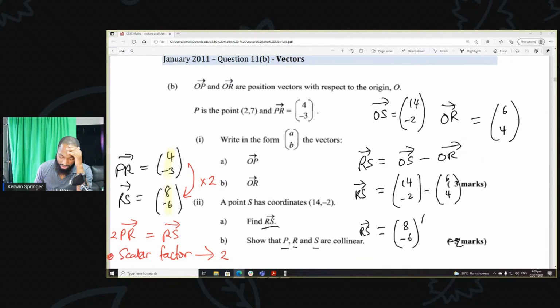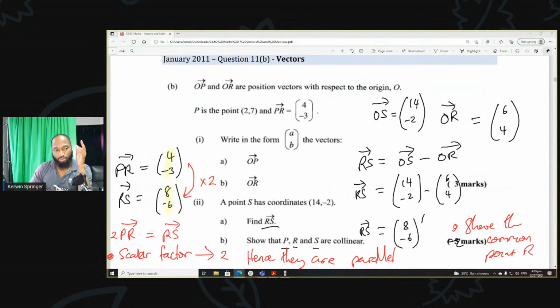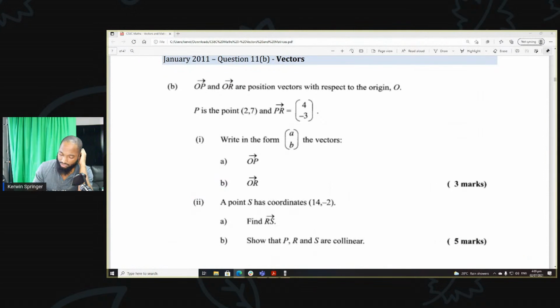So you must show this, and you must say this means they're parallel. Hence they are parallel. And then you see that they share the common point R. Because they share the common point R, it means that they are collinear.